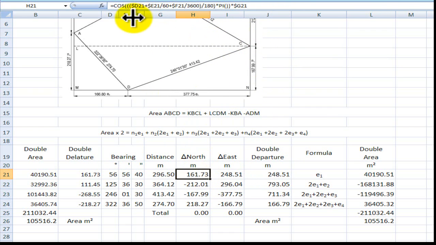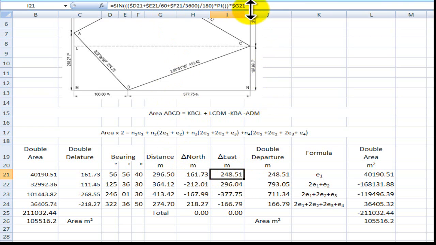Again, it's the degrees plus minutes divided by 60 plus seconds divided by 3,600, and then I've divided that by 180 and multiplied by pi to get it into radians. Then we take the cosine of that and multiply by the distance.